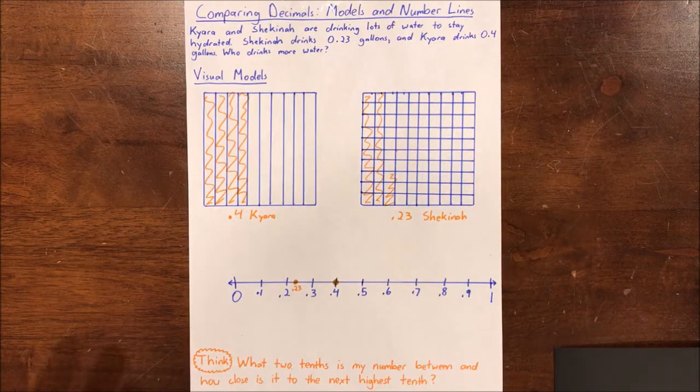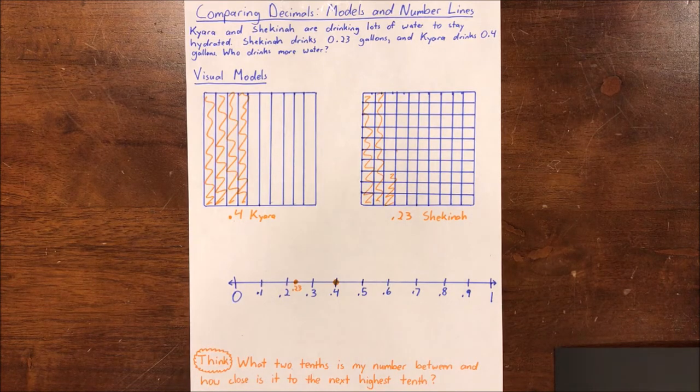So, using the number line again, which number is larger, 4/10 or 23 hundredths, and explain how you know. Say it out loud. Yeah, 4/10 is larger because 4/10 is further from 0 than 23 hundredths. The further a number is to the right or away from 0, the larger the value it has. All right, so what are the inequalities that we could write to compare 4/10 and 23 hundredths?